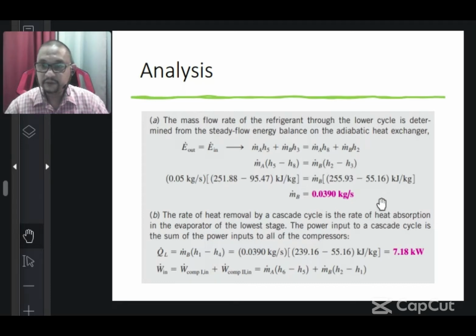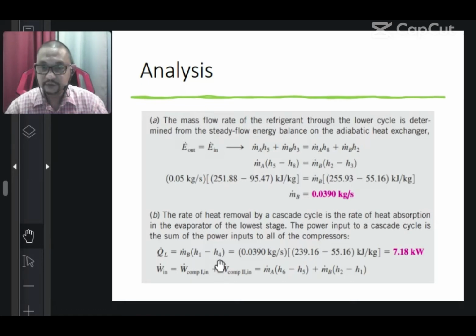The power input to the cascade cycle is the sum of the power input to all of the compressors. So we also know Q dot low equals m dot B, cycle B, times H1 minus H4.